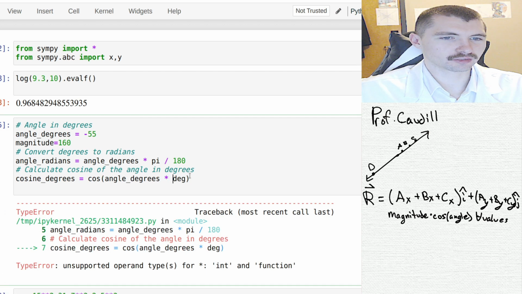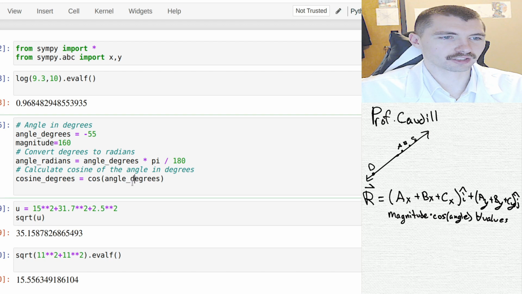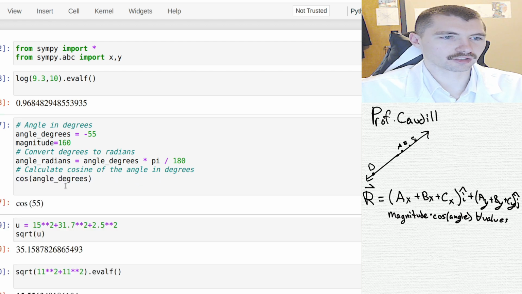Yes, should be like that. Or I just do this. Cosine, angle degrees, cosine 55. We wanted this.